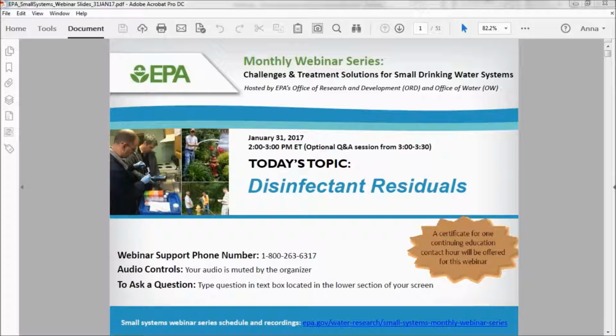Here's the question that we didn't touch on. What is the value of lining concrete water storage tanks in an effort to maintain residuals? Do we have some experience with that? I do not have any experience with that, no. Neither do I. I think there's a lot of information out there on making sure tanks are properly mixed and not stratified to help improve water quality and residuals.